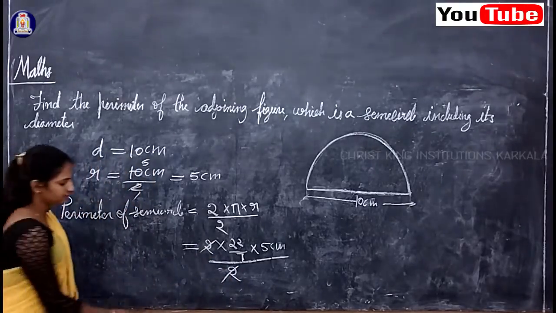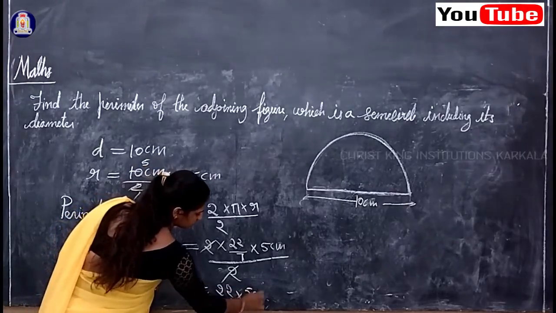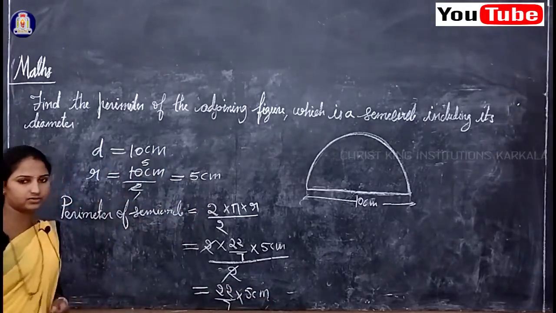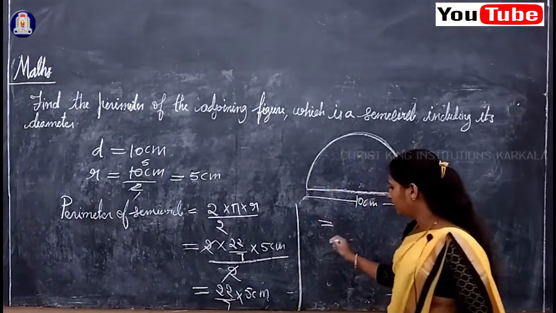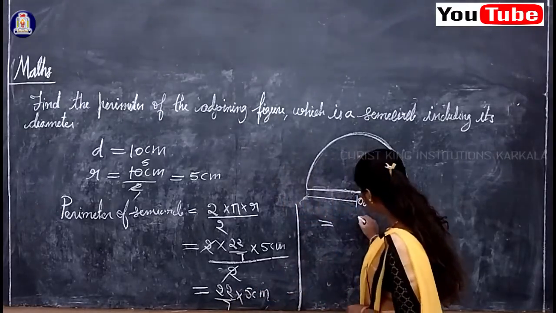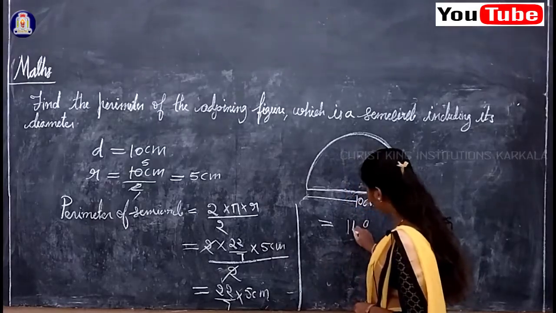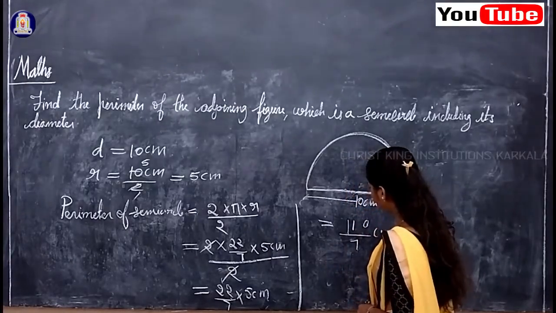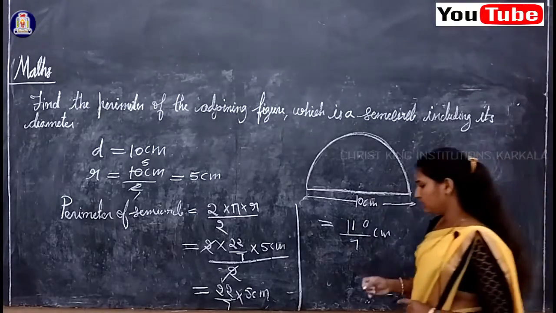So remaining 22 by 7 into 5 centimeter. Multiply 22 into 5, 5 2s are 10, 1 remaining, 5 2s are 10, 10 plus 1, 11, so 110 divided by 7 centimeter. This is the perimeter of semicircle.